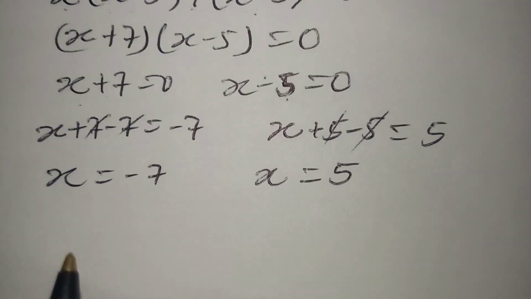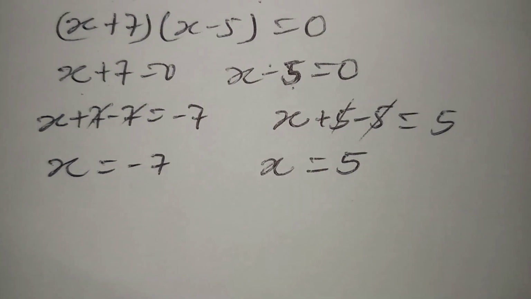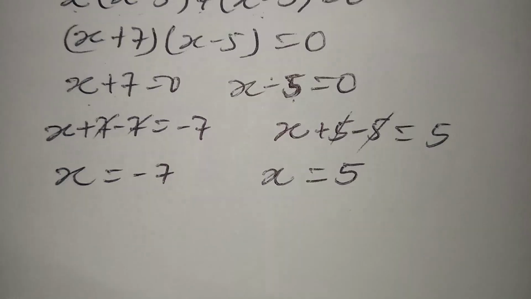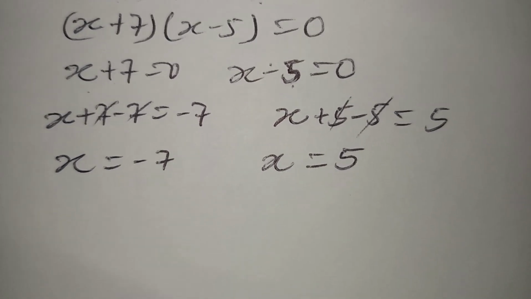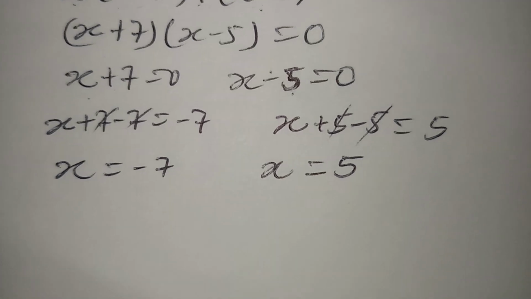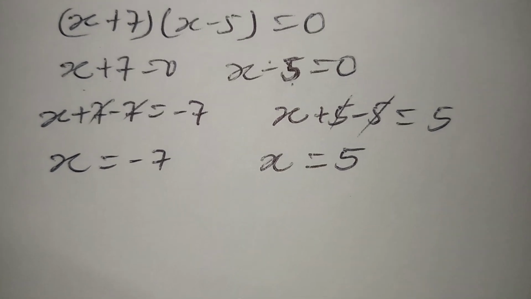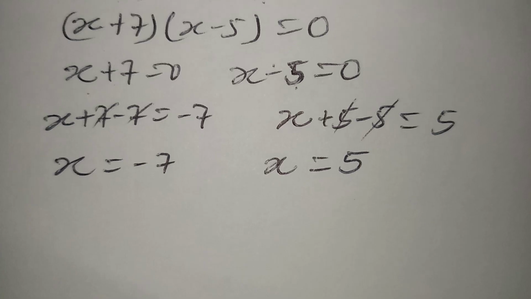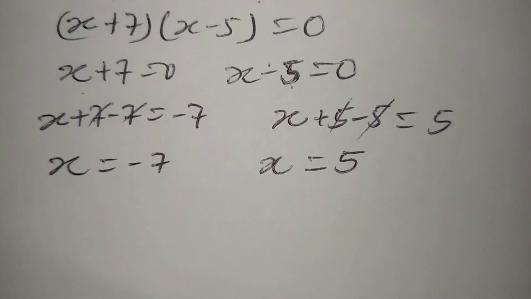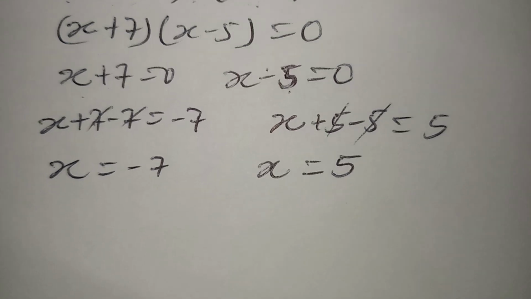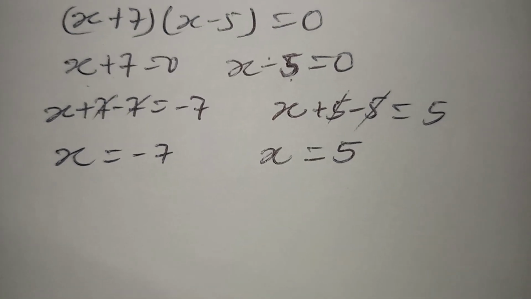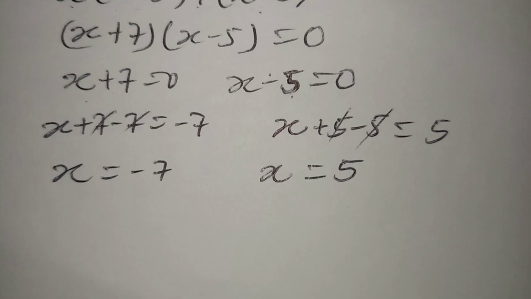Now, these are the two possible values of x. But you should bear in mind that we are dealing with number base, and in number base, we don't have a negative base. And so, we are going to pick the value of x which is positive 5 as the answer to this question.